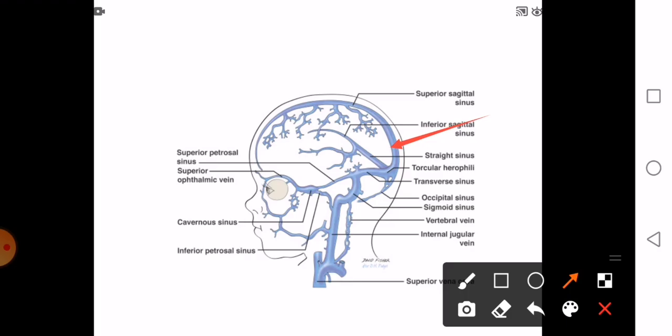These cranial sinuses ultimately drain into the internal jugular vein, and that is how it exits the cranial cavity. After exiting, the internal jugular vein ultimately drains into the superior vena cava, and then the blood will reach the right atrium of the heart.